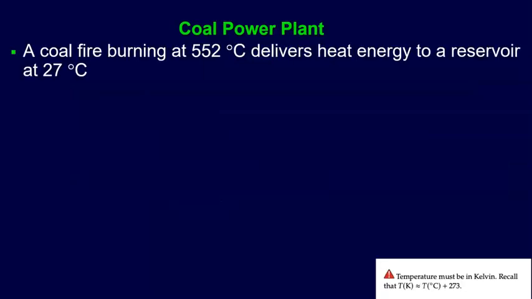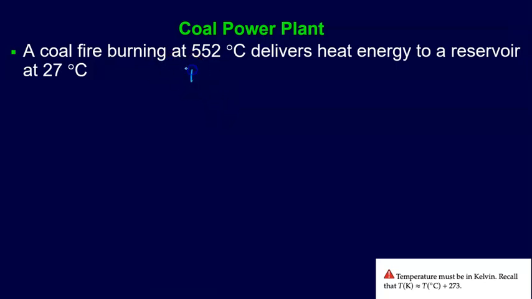All right, so let's look at some examples. Let's just look at a typical coal power plant. How efficient is that? A coal fire burning at 552 degrees Celsius delivers heat energy to a reservoir at 27 degrees Celsius. Now, the trick here is that, again, we need to put this into Kelvin.